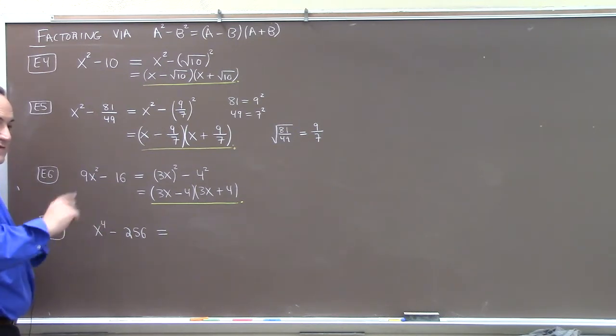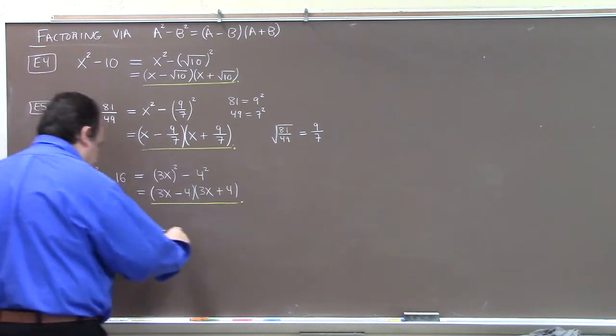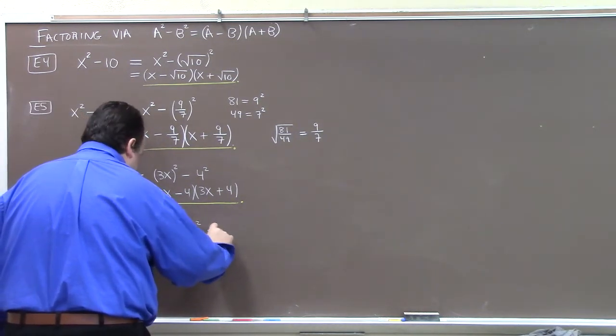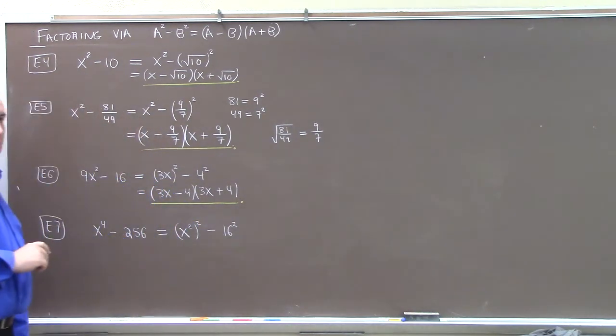What's the square root of 256? 16, aha. So this is x squared minus 16 squared. See that? We can still use the difference of squares formula here, just now with x squared being a and 16 being b.